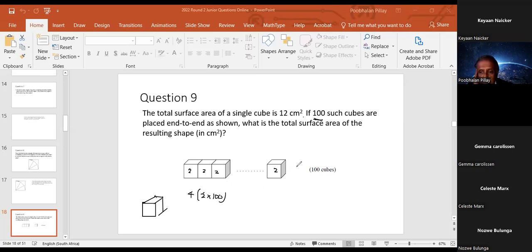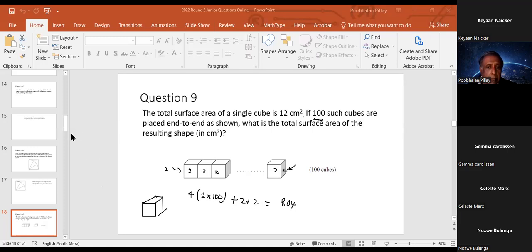And then you still need to add these 2 guys on the side here, which we haven't added. The other ones, they're all sealed together. They're placed this way. They don't form part of the surface, but the ends form the surface. And so there's another 2 here, and there's a 2 on that side. So that gives you plus 2 plus 2. That gives you 804. So that's the total surface area of this shape.